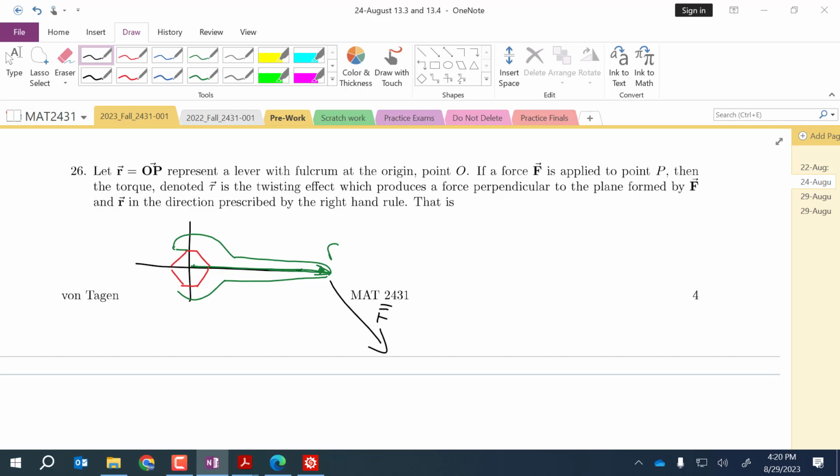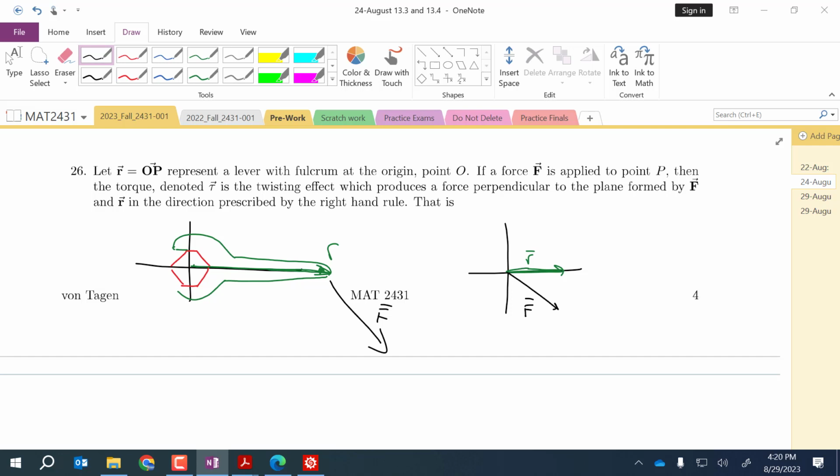That has to do with the cross product. Okay? So the torque, and in fact, let's go ahead and strip the picture away. So there's our radius, and there's our force. R and F. The direction of the torque will obey the right-hand rule.